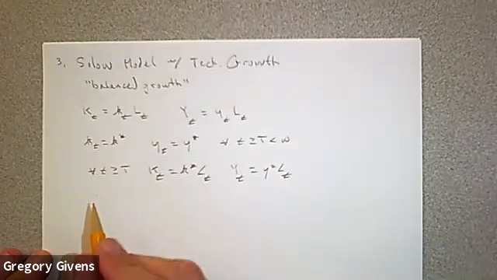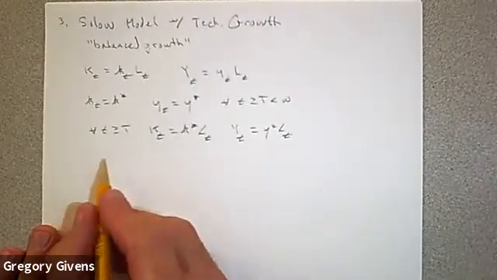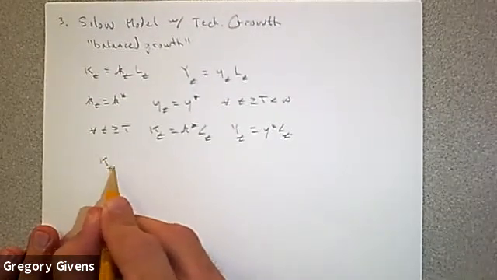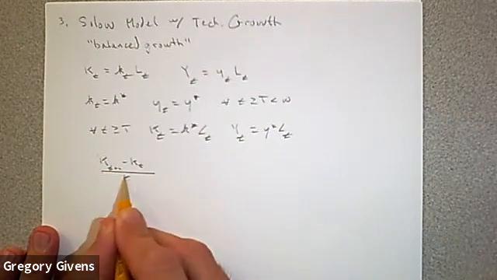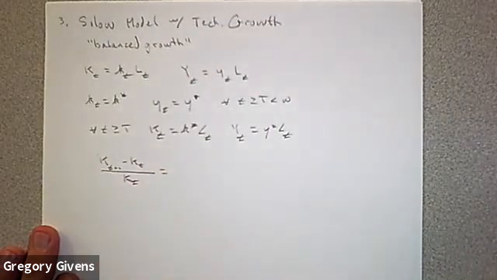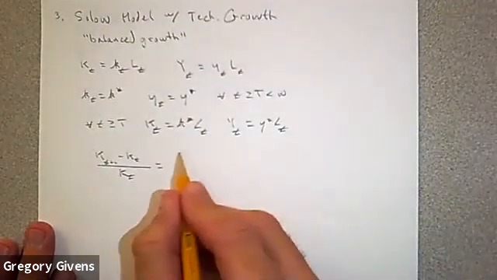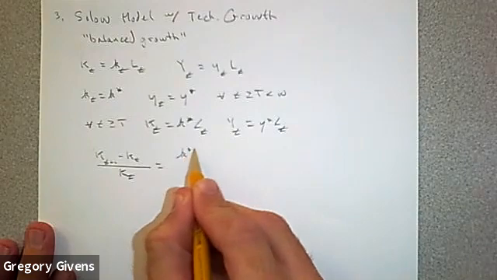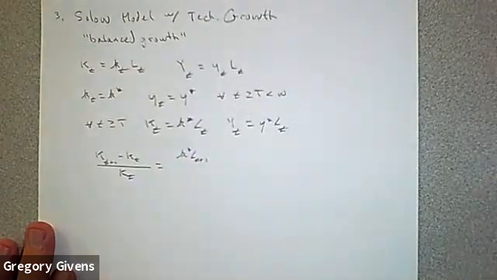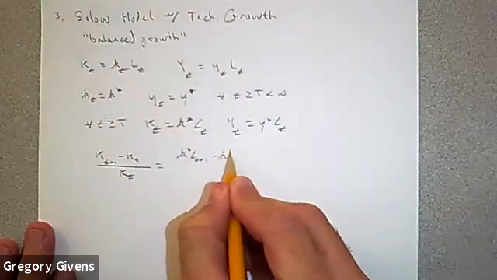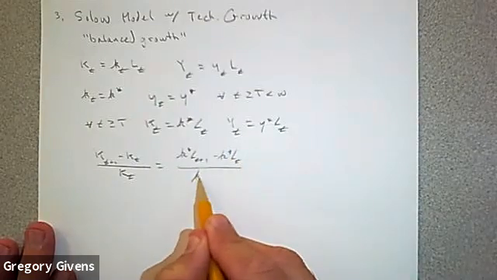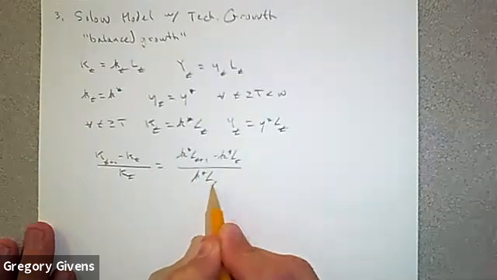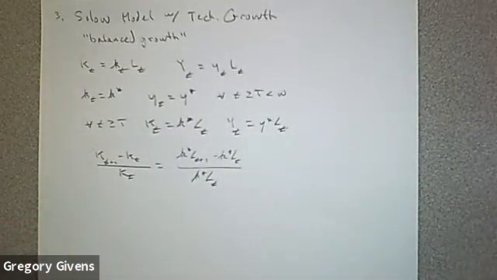So what is the growth rate of the capital stock? It's K_{t+1} minus K_t over K_t. Well, that's just K star times L_{t+1} minus K star times L_t over K star times L_t.